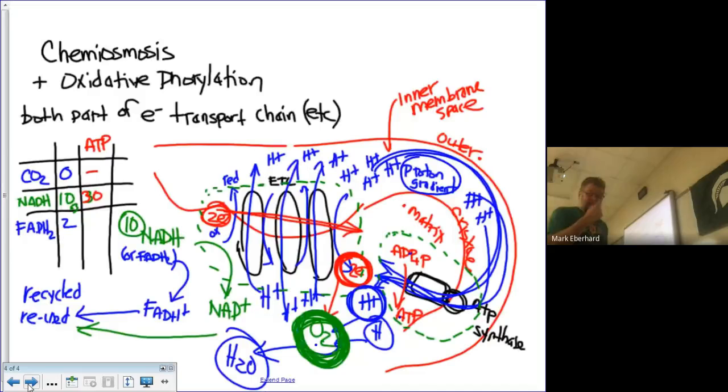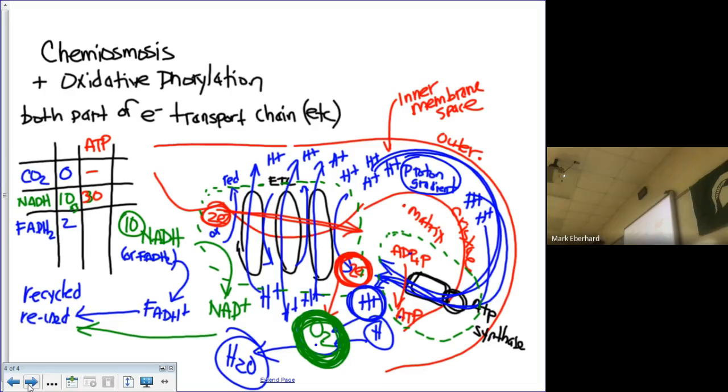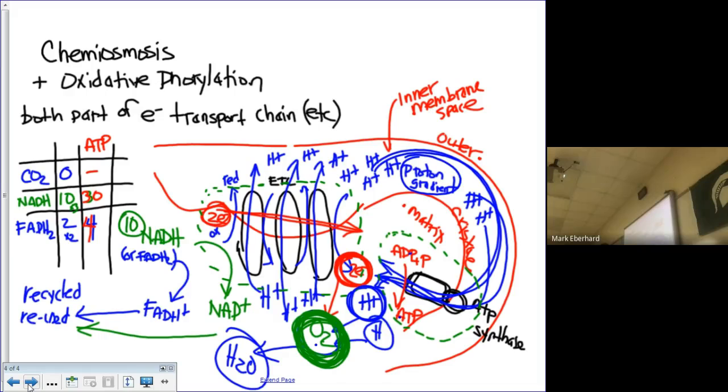So for every FADH2, you don't create 3 ATP, you only create 2 ATP because it literally carries a lower energy state electron. So I'm going to put times 2. So 2 times 2 is 4. We're going to create 4 ATP from the FADH2s.